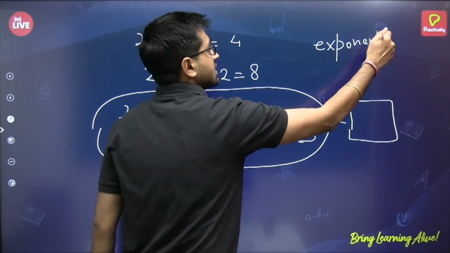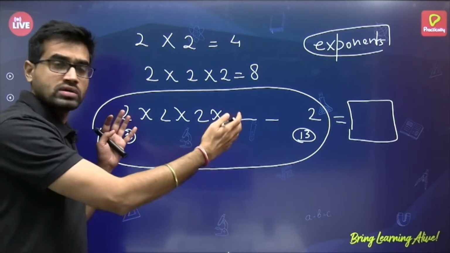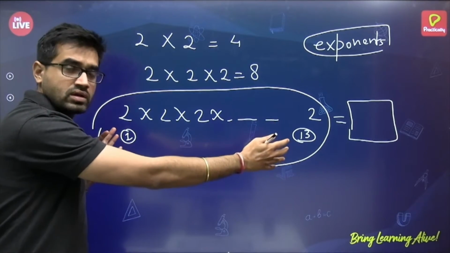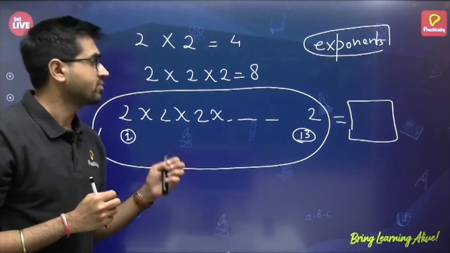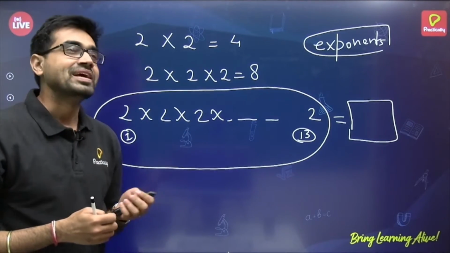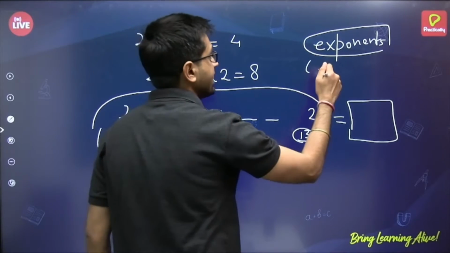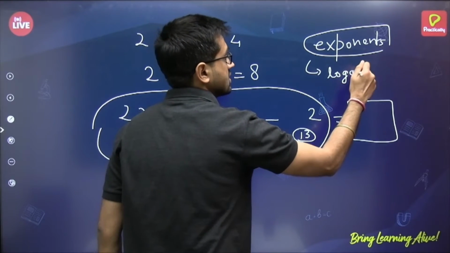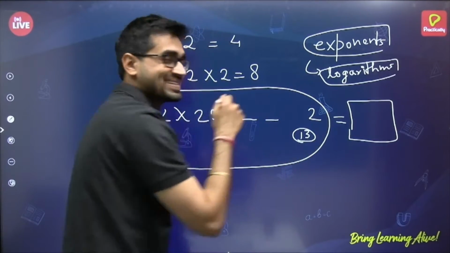The exponents indirectly help you to write a very long form of a number in a very short form, in a simplified form, and also the calculations become easier. See, you are learning exponent, but you are not learning one more attached concept to it, which is called logarithms. They are actually like bread and butter.